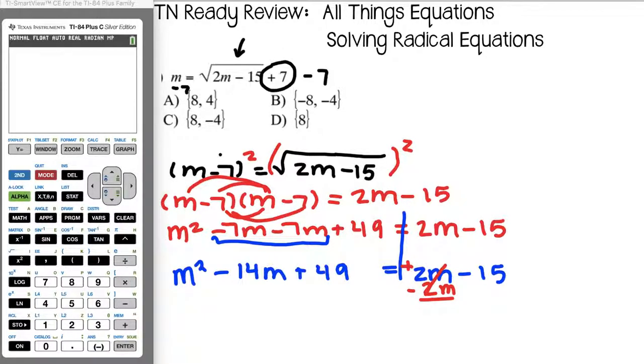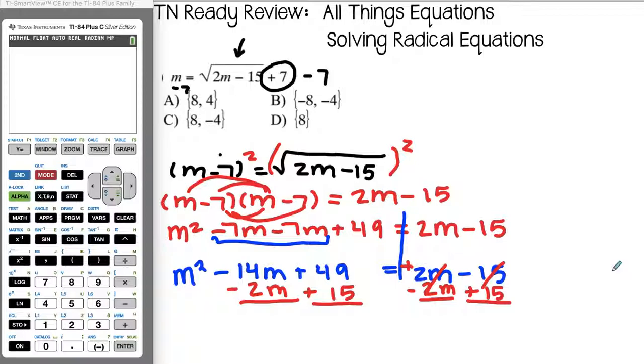I also know that this is an equation, so what I do to one side, I have to do to the other side to keep things equal. I also know that I need this 15 to go away, so the opposite of a negative 15 is a positive 15, and that zeroes that out. And again, due to properties of equality, what I do to one side, I do to the other.